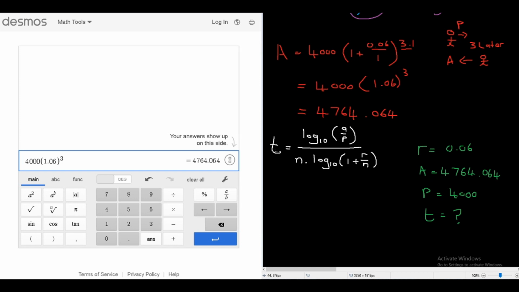Okay. Now, a very common mistake could be, if they give you the value of A, this equation would be very easy. But let's say you have to calculate A and then prove that T is actually T, you will need to use this formula. So whenever you have a compounded interest question where they ask you, hey, you need to find the amount of years I need to invest to achieve, boom, we're going to be using this formula.